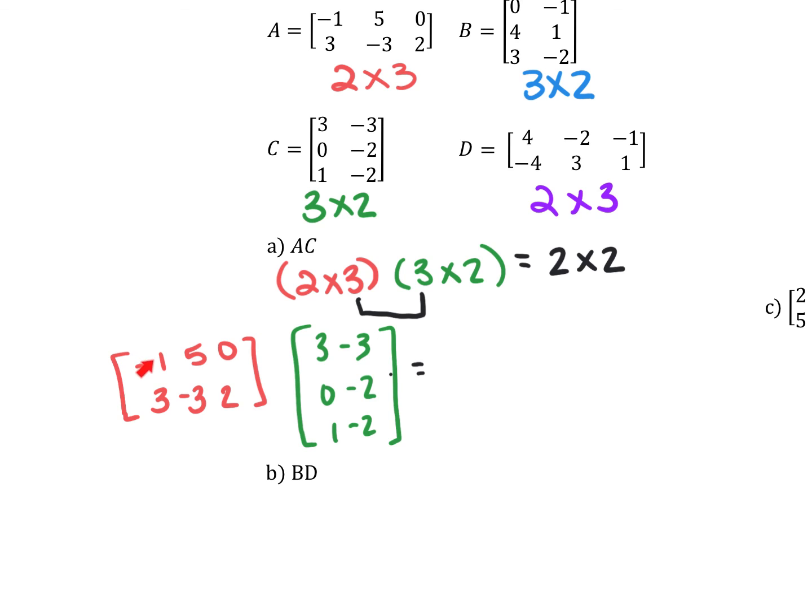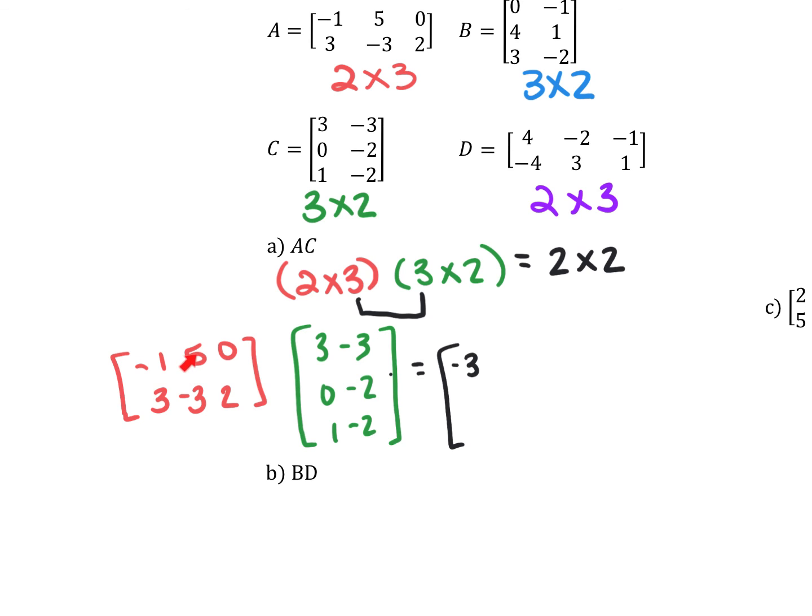Take this element right here. First row, first column. It's -1 times 3. What's -1 times 3? -3. So the first element is -3. Got that? Row by column.